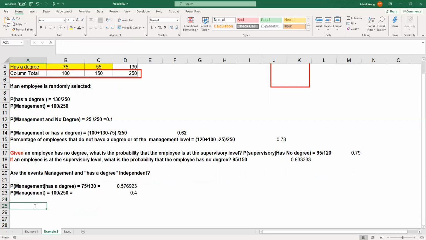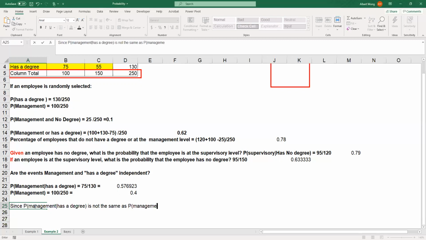So the conclusion is, since the probability of management given a degree is not the same as the unconditional one, knowing the employee has a degree actually changed the probability of management in some way. Therefore, the two events are not independent.